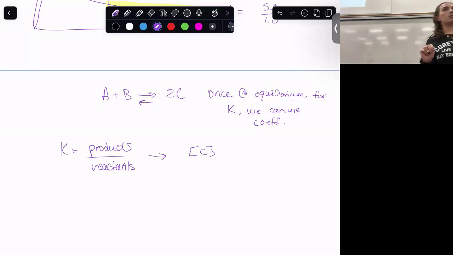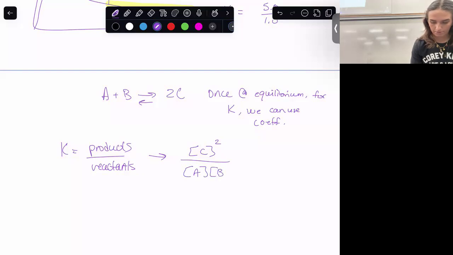Is it a coefficient in front of the concentration, or is it a power? It's a power, right? So we're going to do C squared over A times B. Okay, so for equilibrium, we can use it for K. Yes. And the exponent here is no longer the order of the reaction, it's just an exponent.